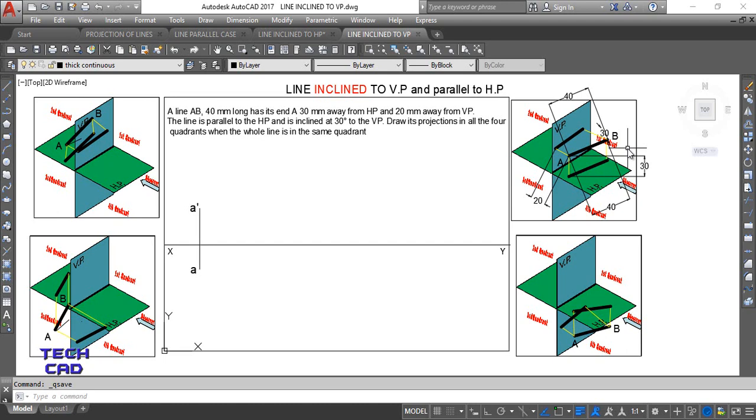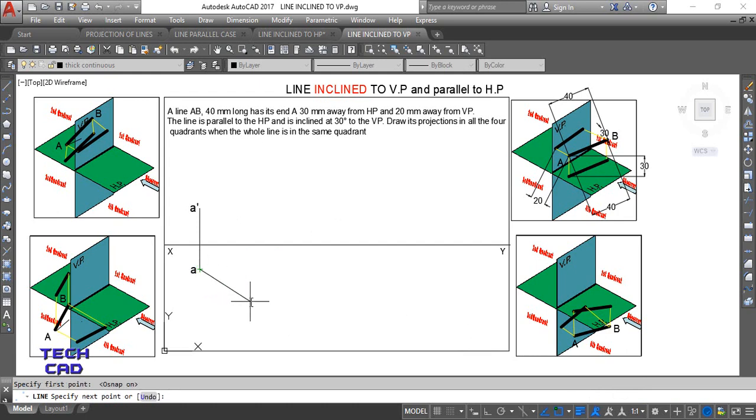Instead of that, I'll see the apparent length, which is always smaller than your true length. So I have to make the top view first over here. From the top view I can see this 30 degree with VP, and the length of the line is given, which is 40 mm.